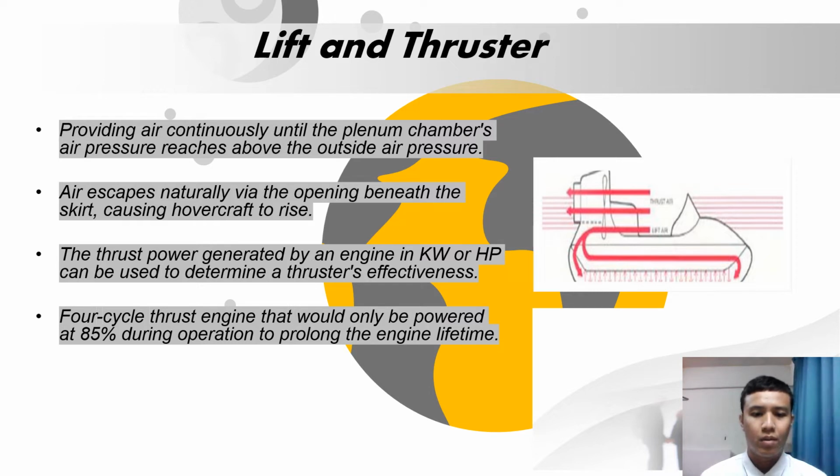Air escapes naturally via the opening beneath the skirt, causing the hovercraft to rise. The thrust power generated by an engine in kilowatts or horsepower can be used to determine the thruster effectiveness. A four-cycle thrust engine would only be powered at 85% during operation to prolong the engine lifetime.